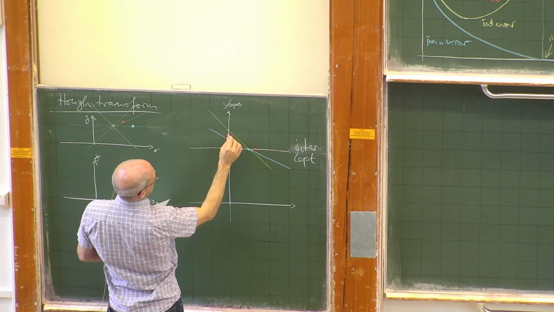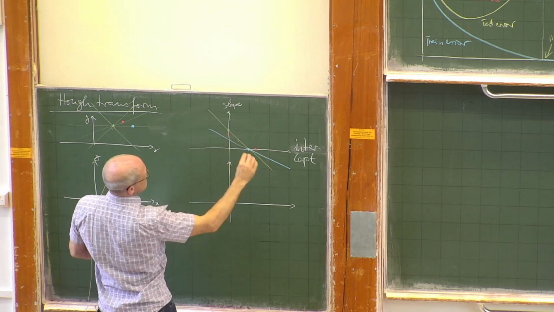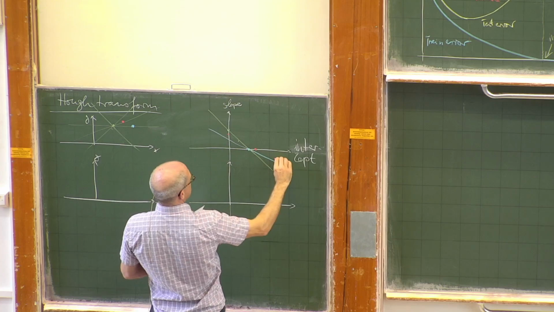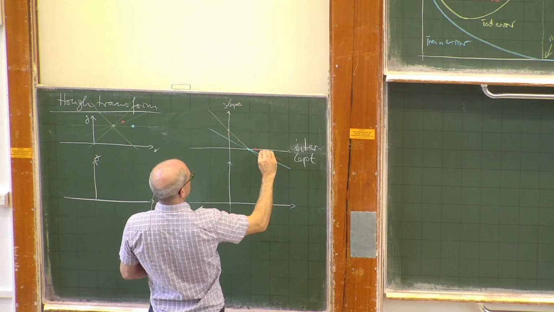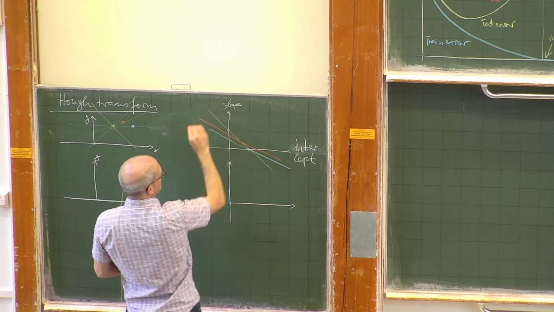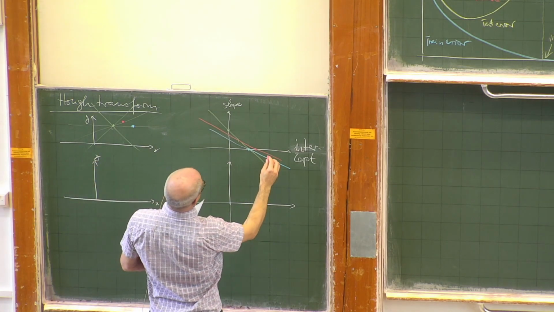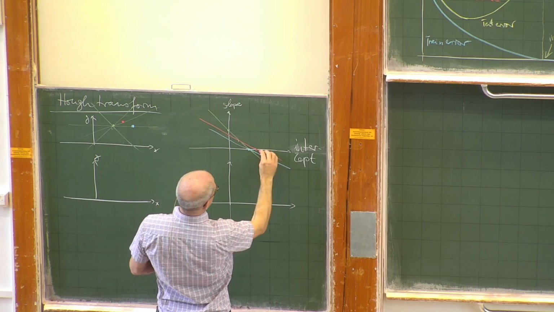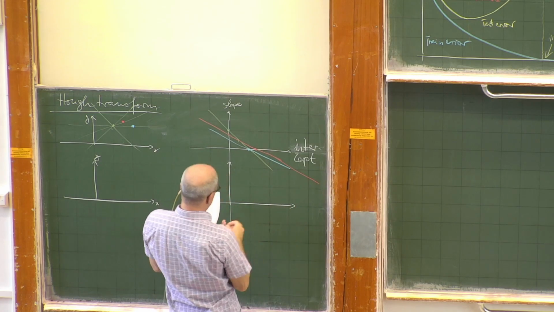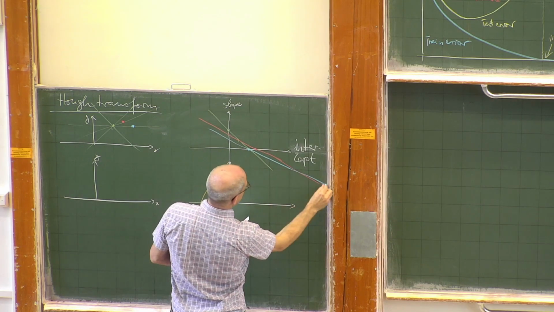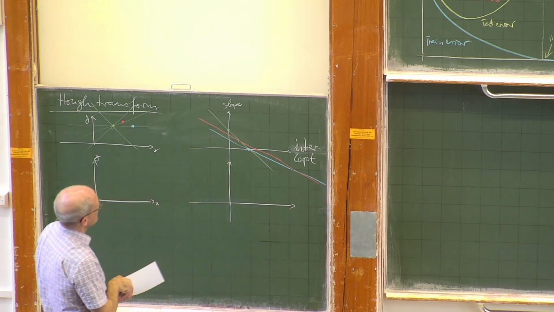All right, maybe like so. And it's not parallel to the blue one, so they will cross each other eventually here.